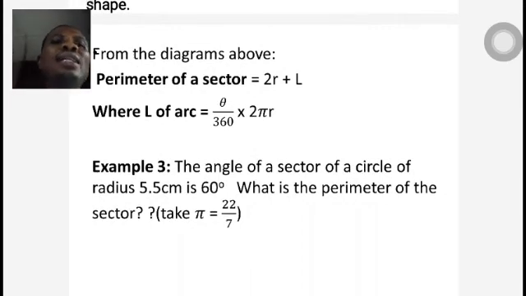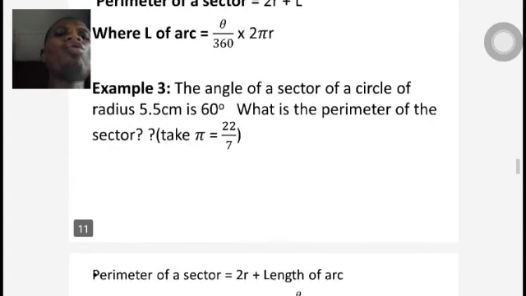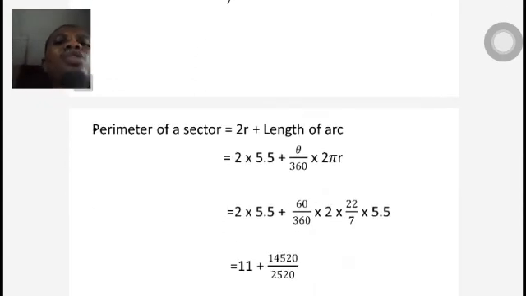It says that the angle of a sector of a circle of radius 5.5 centimeters is 60 degrees. What is the perimeter of the sector? Take pi to be 22 over 7. So the perimeter of the sector is what? 2r plus the length of an arc. The radius you are given there is 5.5.